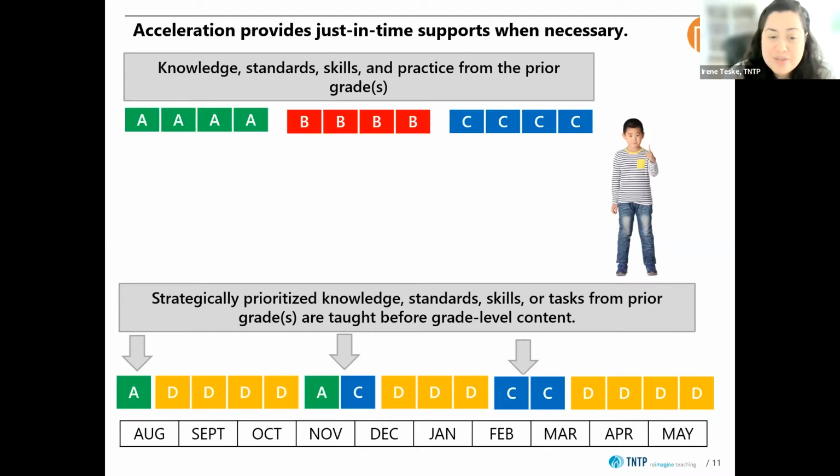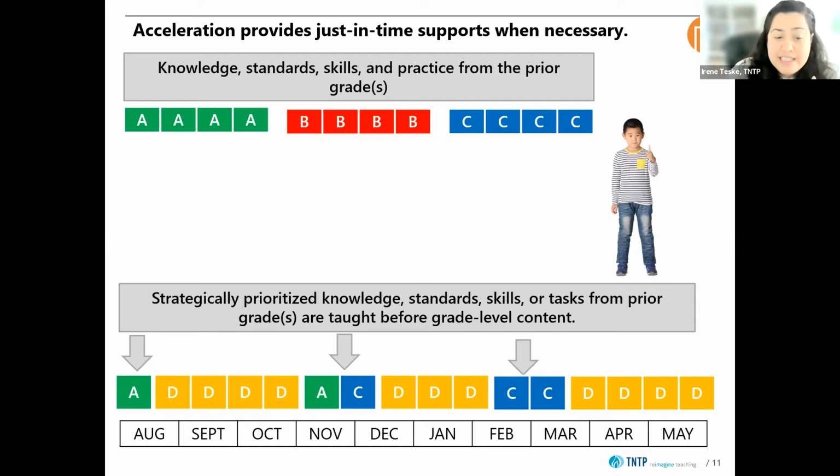Moreover, these teachers also realize that while important, not all of A and not all of C content is critical. So even here, the educators have been selective and identified specifically what about A and what about C standards or prior grade level content and skills is necessary for the current grade.